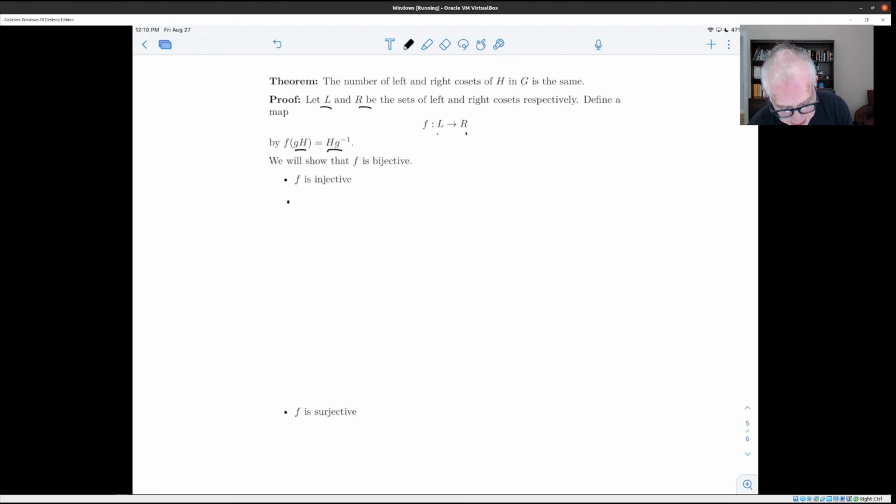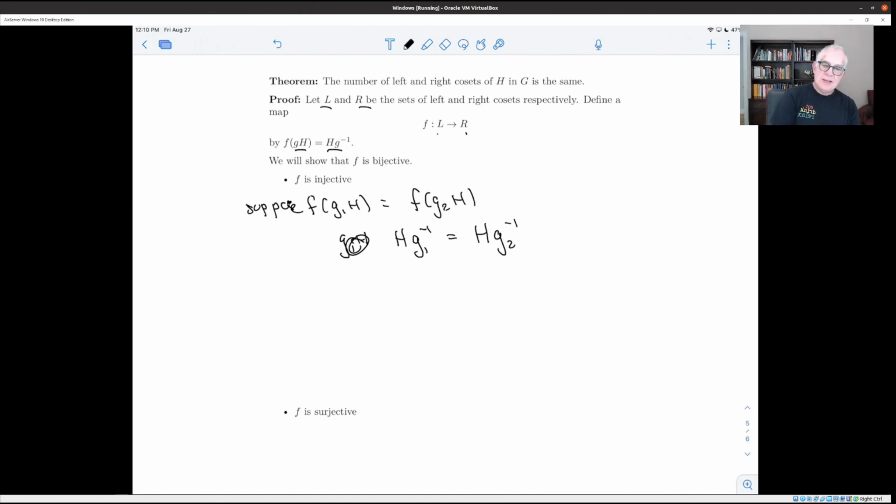So to show injectivity, we suppose that f of G1H equals f of G2H. Well, that means that HG1 inverse equals HG2 inverse.